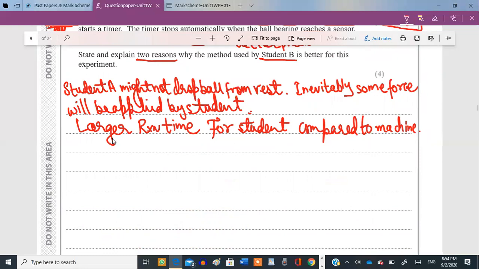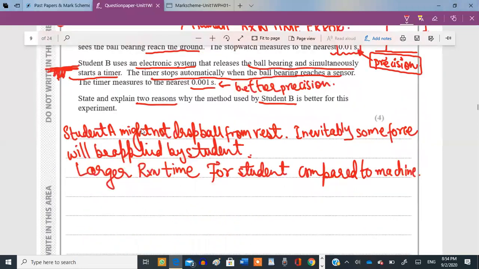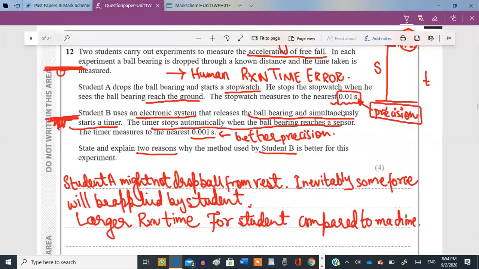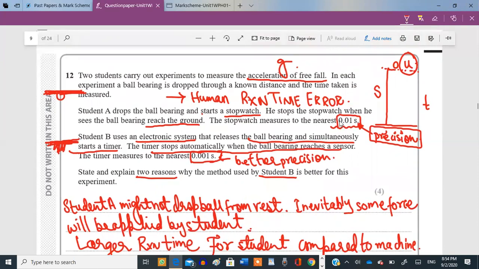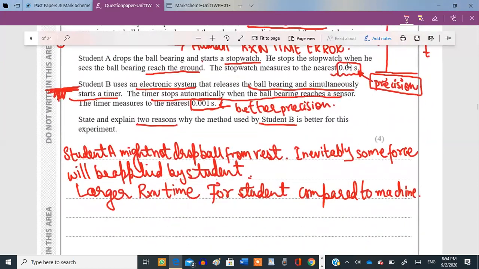Well, one of the reasons why this reaction time might be larger is because of the precision as well. If you look at the precision, it is much smaller for the machine as compared to the student. So since this precision is larger, that means the reaction time would be greater for the student.